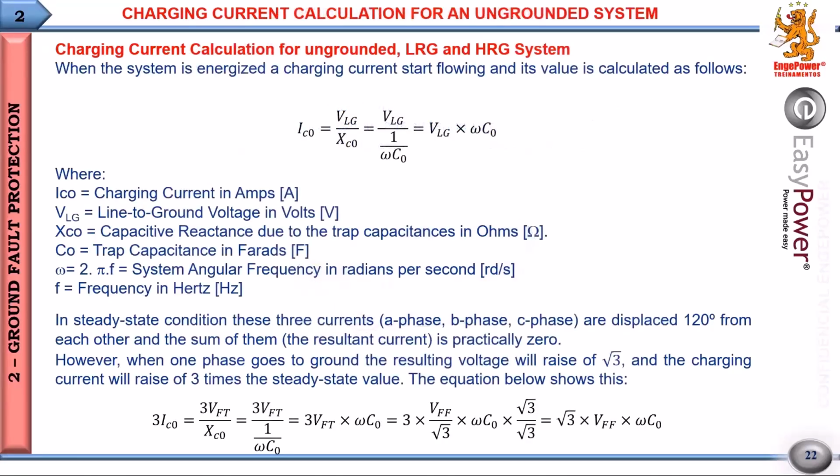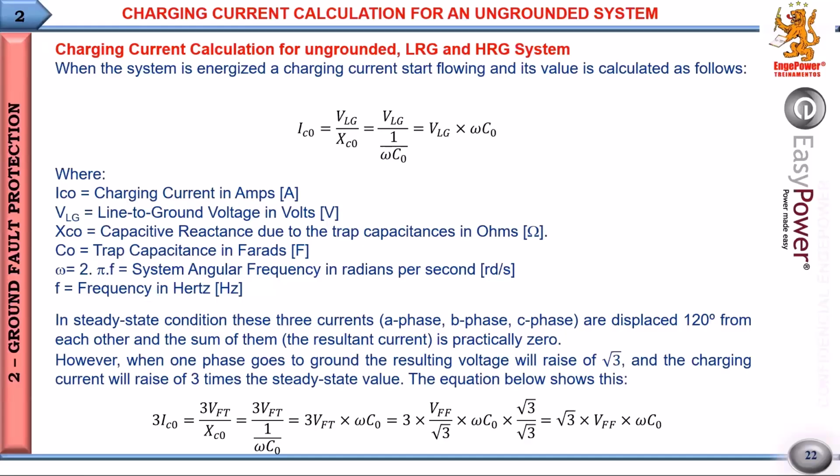How to calculate the charging current? Normally it is the line to ground voltage divided by X0, that is the charging reactance, a capacitive reactance. And that equals 1 divided by omega C0.